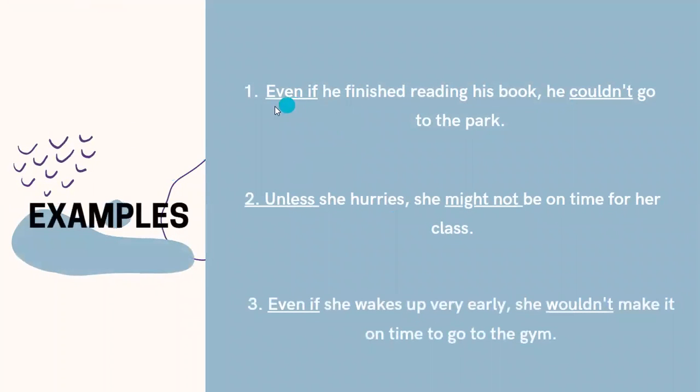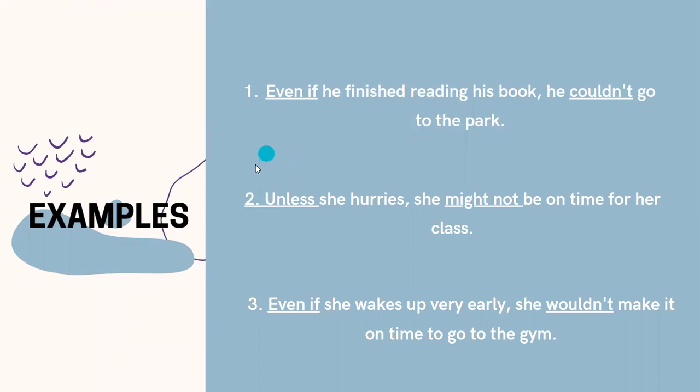For example, even if he finished reading his book, he couldn't go to the park. Notice here that the even if clause will happen no matter what the result clause would be.